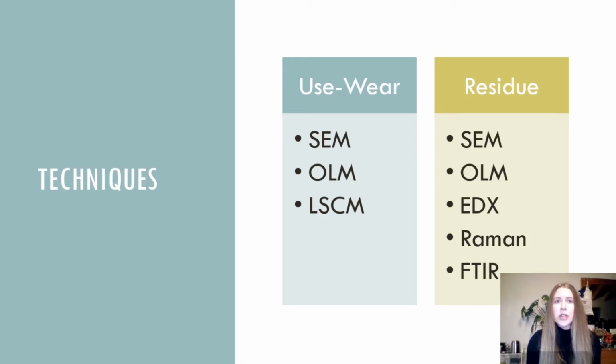FTIR, or Fourier transform infrared microscopy, is another possible technique that uses infrared light to obtain a compositional spectrum and chemical properties of the sample. The key difference between FTIR and Raman spectroscopy is that the FTIR technique measures how much light is remaining from the original light from the light source, whereas Raman spectroscopy measures the energy that scatters after being excited by a laser.